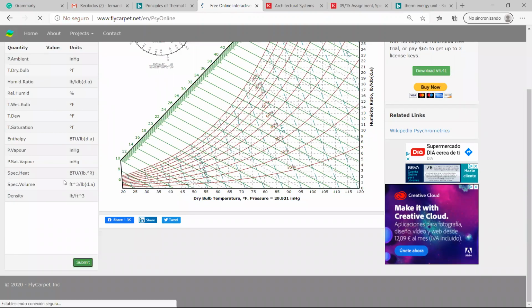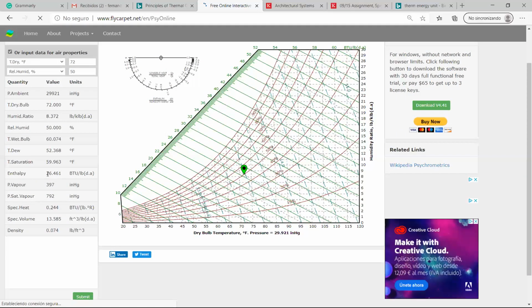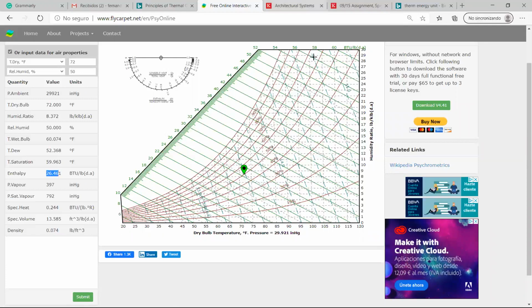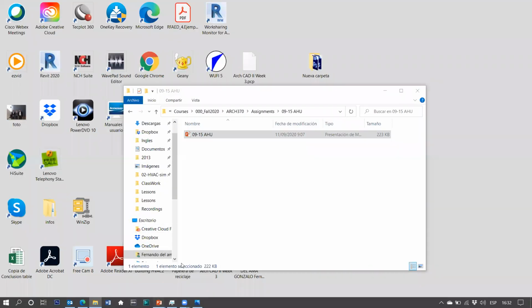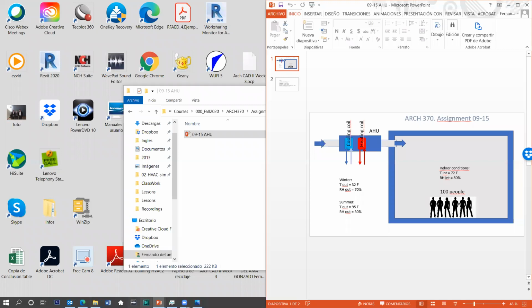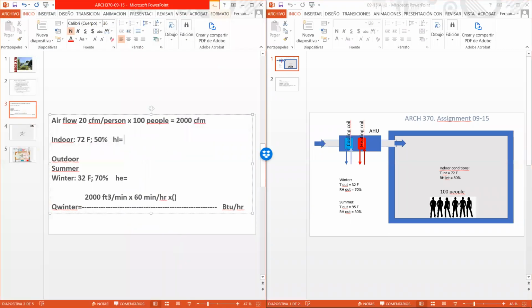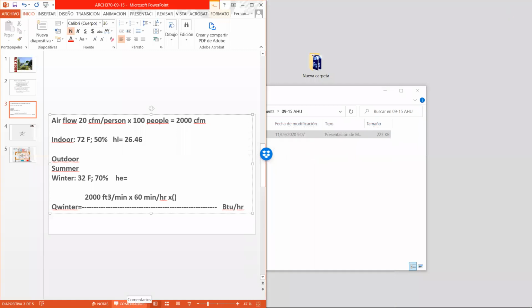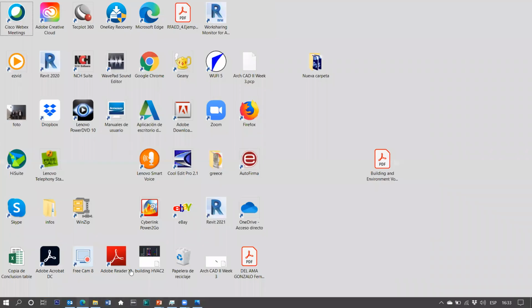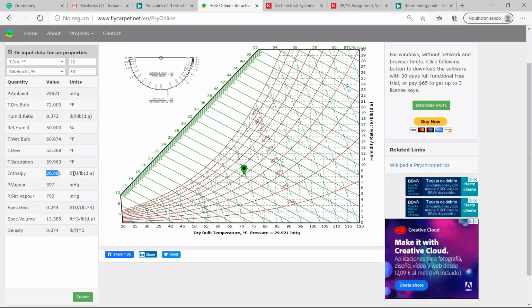We submit, and the enthalpy is 26.46 BTU per pound.